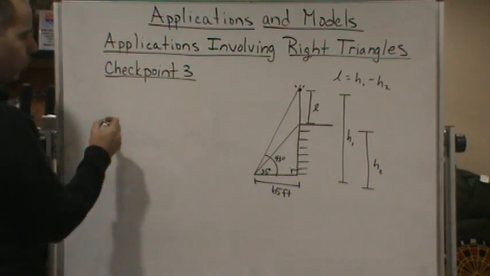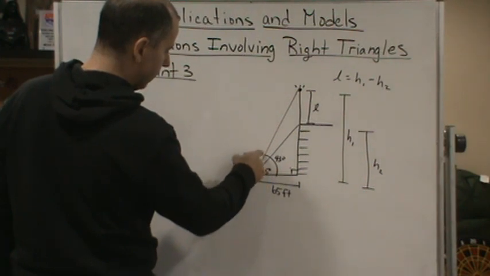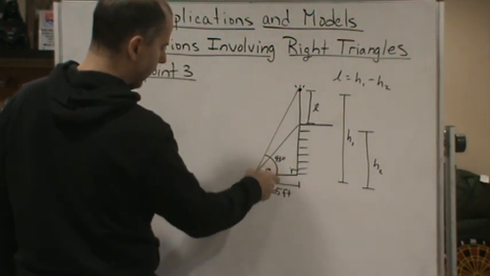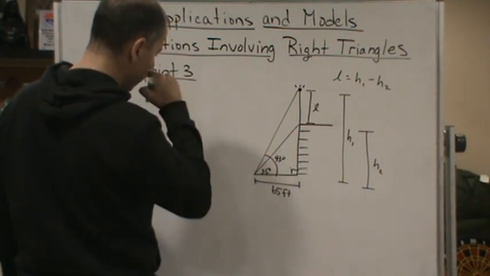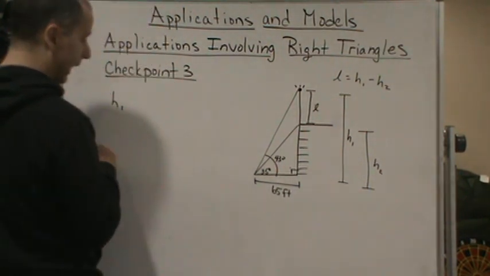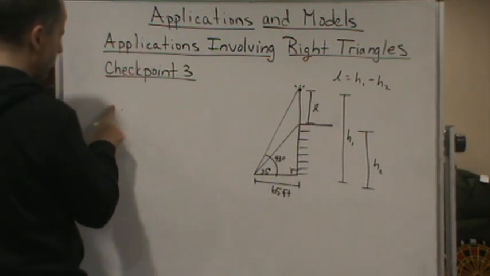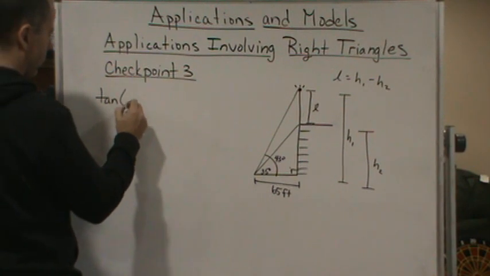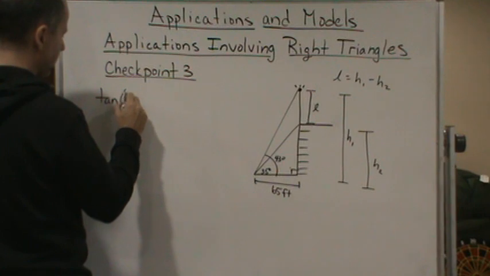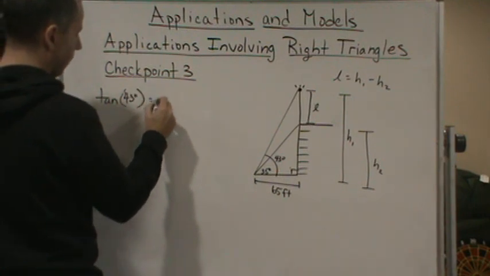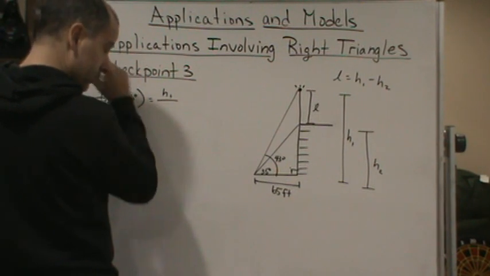So how do we get H1? Well, H1 is going to be based on the 43 degree angle, and we know the adjacent side is 65, so this is going to be a tangent. So the tangent of 43 degrees equals H1 over 65.